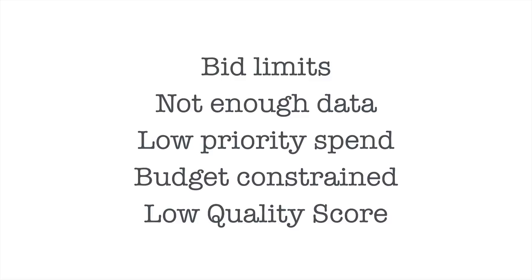If you have a range, let's say inside a campaign you have some ad groups set to manual, some ad groups using a flexible bid strategy, Google's going to give preference to the manual stuff, and therefore the low priority refers to the fact that that bid strategy isn't getting enough traffic to work on, and therefore it's unable to do its thing, essentially. Obviously budget constraints, an obvious one. There's not enough budget to go around. It can't learn if it's not spending any money and it's not getting clicks, or low quality score.